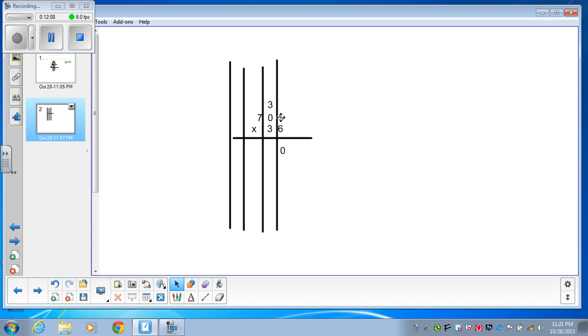Boys and girls, one of my great 5th grade friends, when she multiplies, she places her thumb over top of the number that she just multiplied by, so it helps her to focus and know, oh, the next number I need to multiply the 6 by is the 0 in the tens place. And that's why I put the cursor there. Alright, here we go. 6 times 0 is, good, 6.